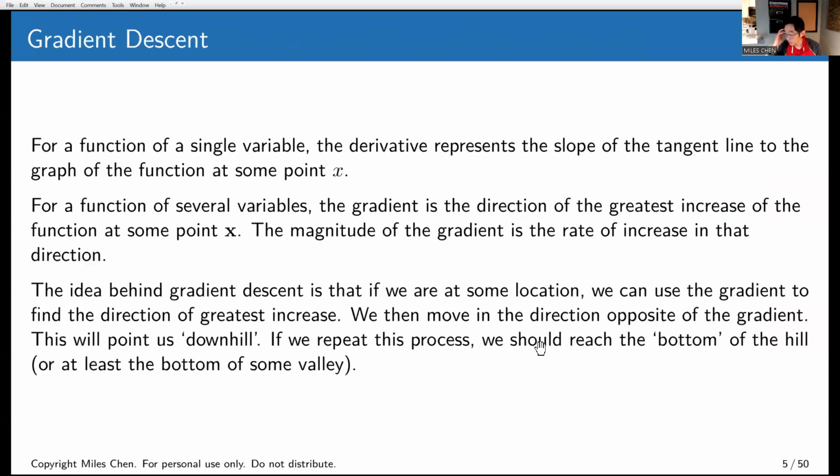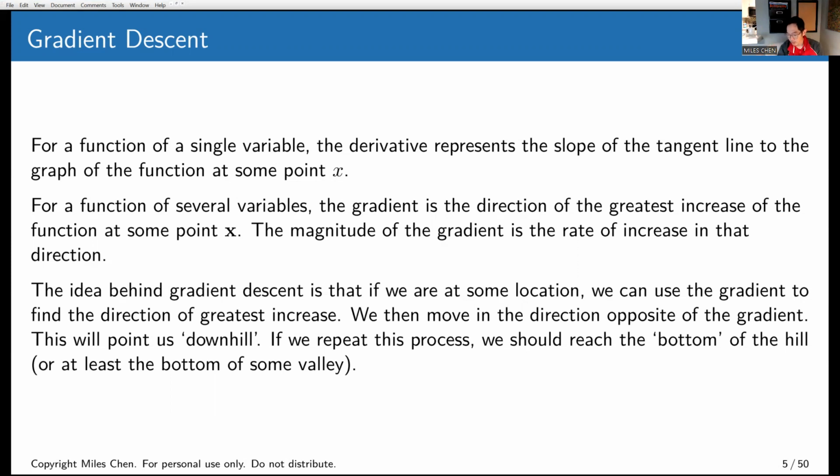So you can think of the gradient as the multivariate generalization of the derivative, right? The derivative represents the slope of the tangent line. If you have a univariate function and some point x, the derivative is the slope of the tangent line at that point x.